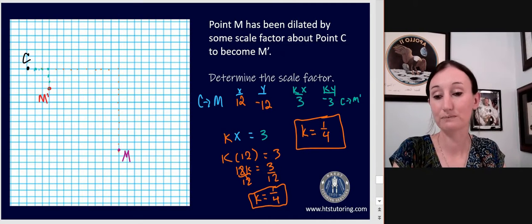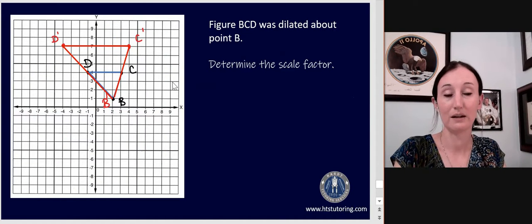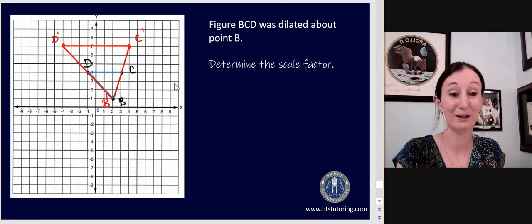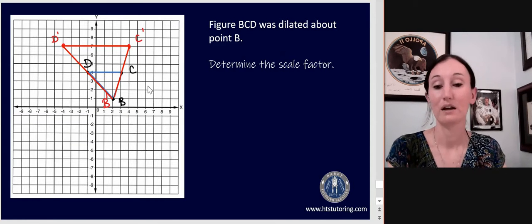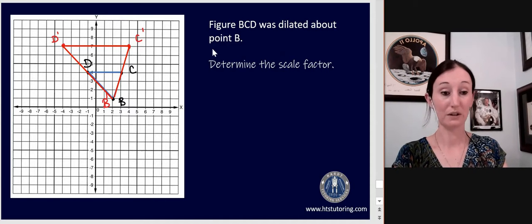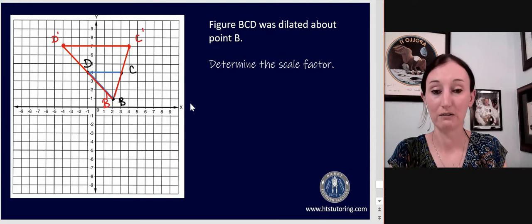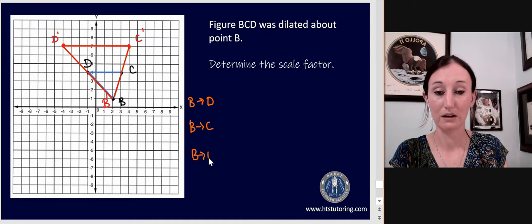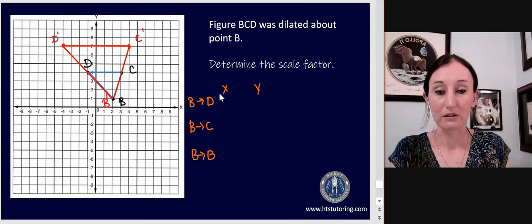The next one we're going to do is for an image. Dilating images is just the same as dilating a bunch of points and then connecting them with lines to make an image. So from here, we say figure BCD was dilated about point B. Cool, they give us a reference point. So our reference point is B. We're going to figure out the originals from B to D, B to C, and B to B. What are our original x's and y's?